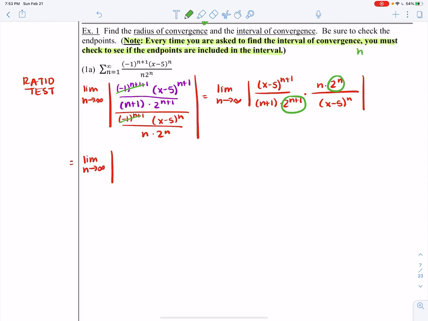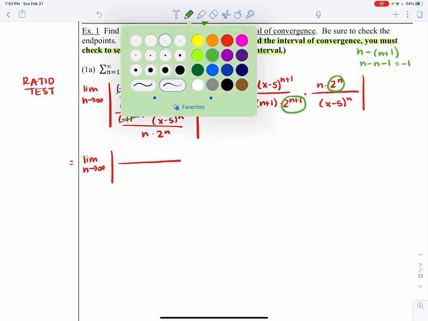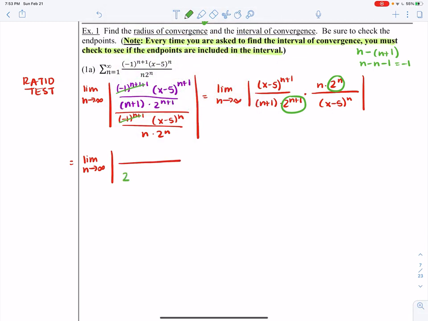So n minus (n plus 1) becomes n minus n minus 1, or just -1. That tells me I'm going to have a 2 to the power of -1, so I put 2 to the power of 1 in the denominator because it's negative.